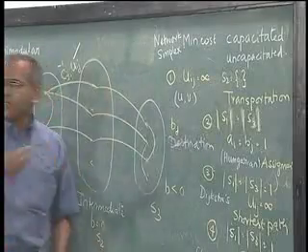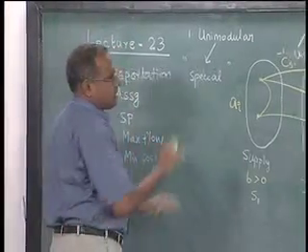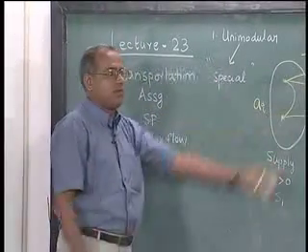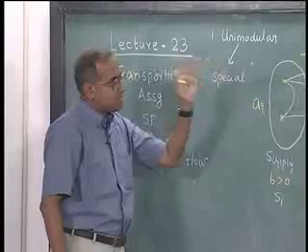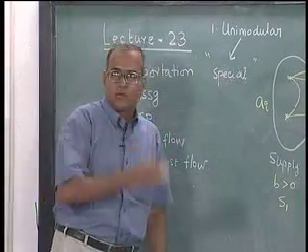So, network problems provide us with an opportunity to exploit the special structure of each of these problems and come up with very specific algorithms which will solve each of them.